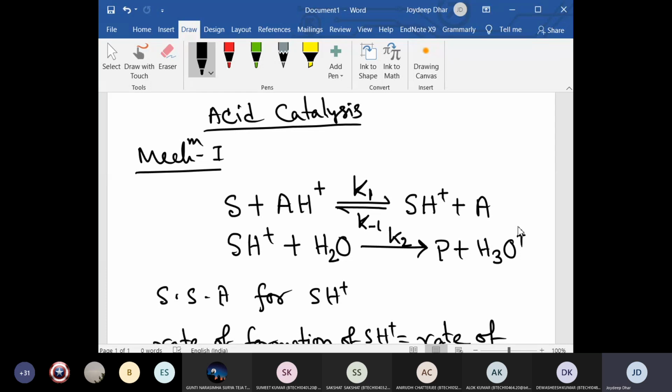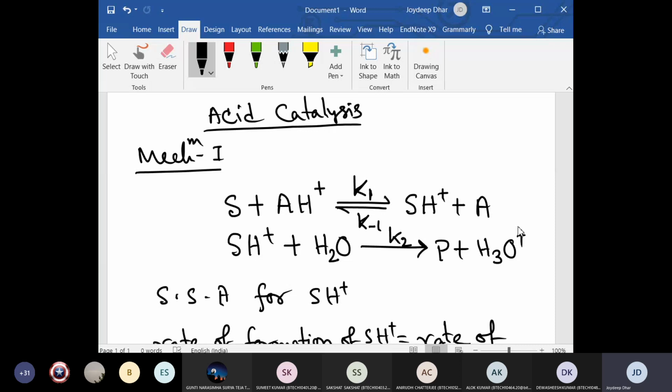In step 1 I can write K minus 1 SH+ into A, and another step K2 SH+ into water. Okay, so SH+ is participating in two different steps.